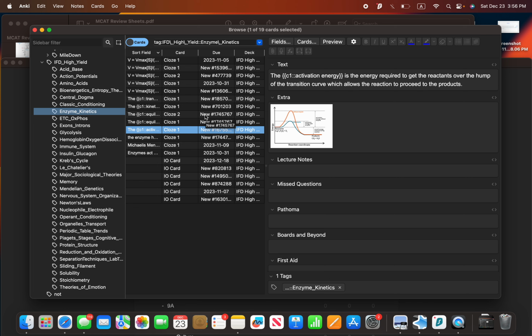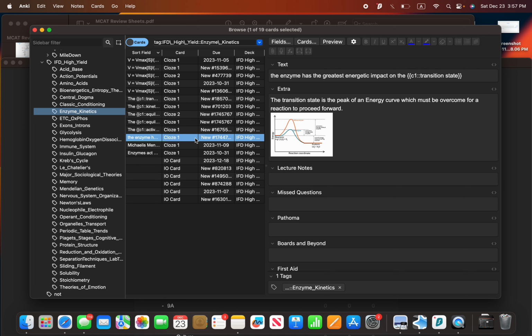The activation energy is required to get the reactants over the hump of the transition curve, which allows the reaction to proceed to the products. Right? So it gets the reactants over the hump of the transition curve, which allows the reaction to proceed to the products.